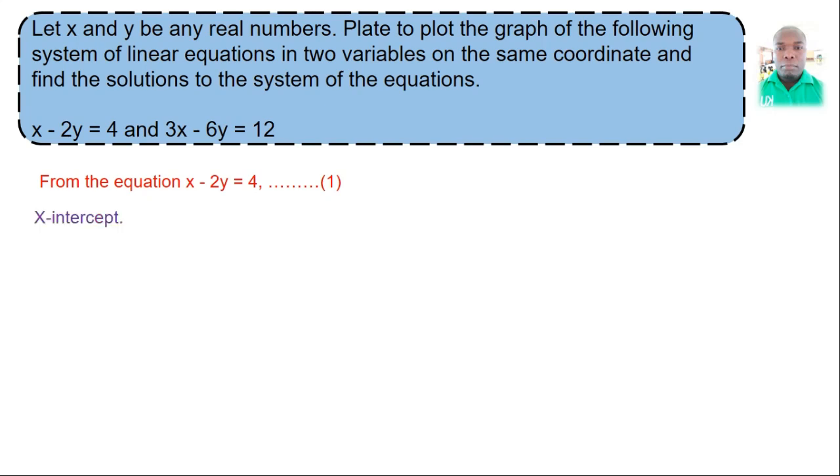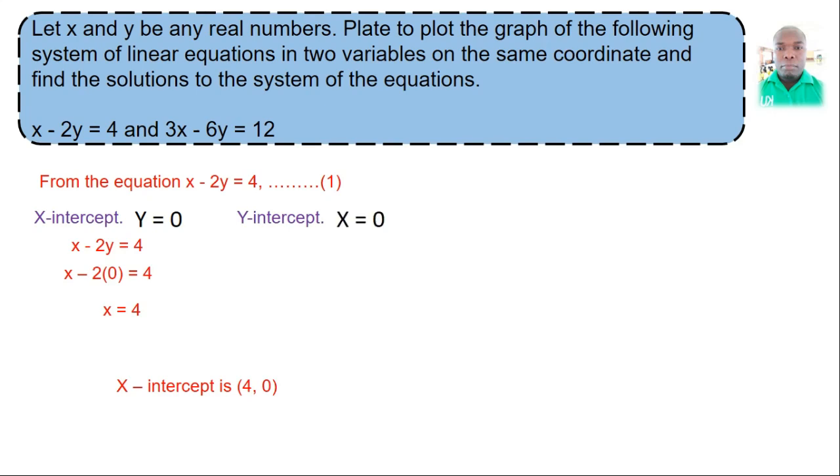Let's get the intercepts. The x-intercept for equation 1 will be 4, and the y-intercept for equation number 1, of course we know that x equals 0, so we have to write 0 instead of x.